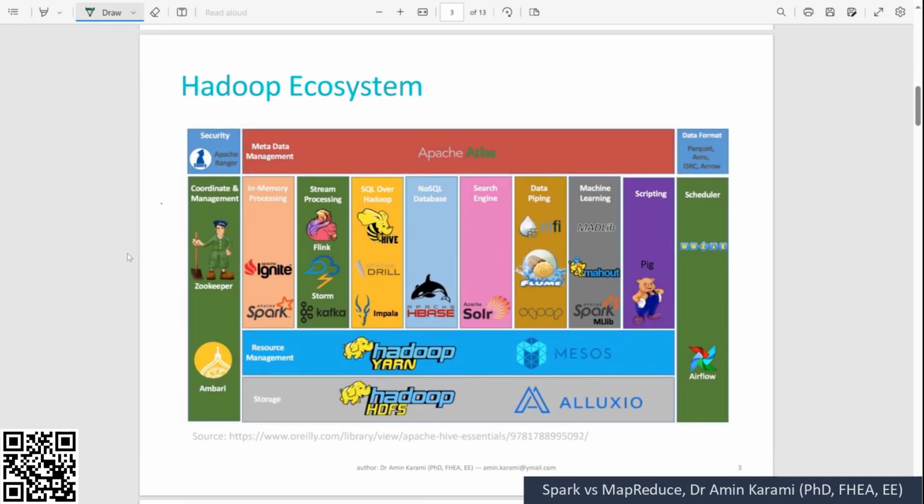So, Hadoop ecosystem, right? Hadoop is an open source framework based on Java that manages the storage, HDFS, and processing, meaning map and reduce, that will be running using the YARN engine.